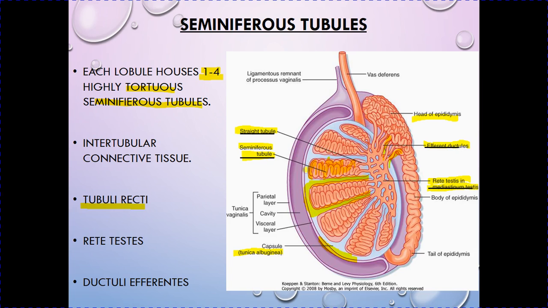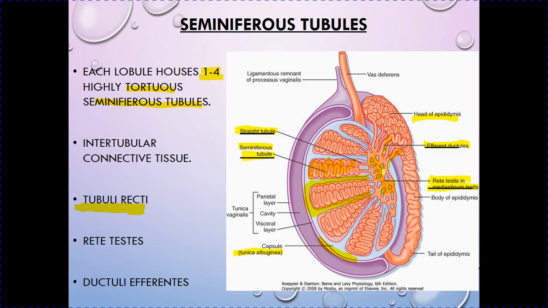They start as free blind ends, and at the apex of the lobule they become straight and are called tubuli recti. The tubuli recti open into an anastomosing channel of tubules called the rete testes. The rete testes is present in the mediastinum testes.